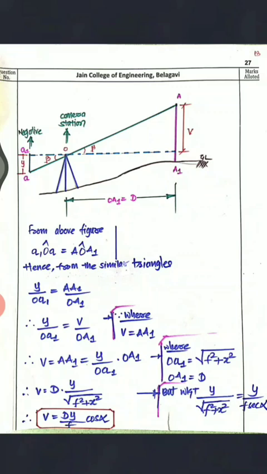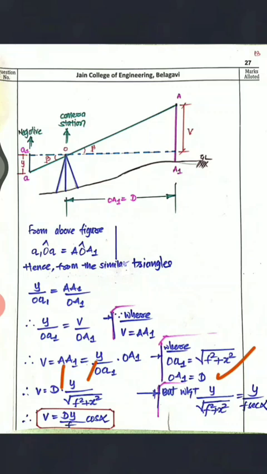If you use these values, V is equal to D into Y divided by square root of F square plus X square. That is, V is equal to D into Y by F, or DY divided by F cos alpha. V is equal to DY divided by F into cos alpha.